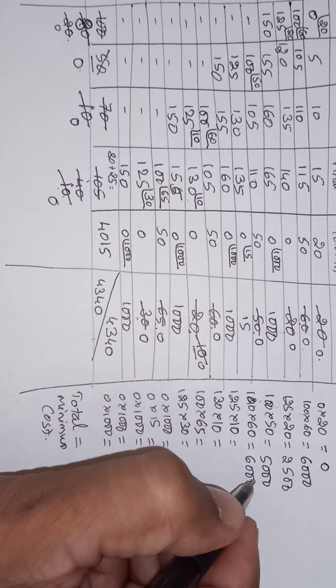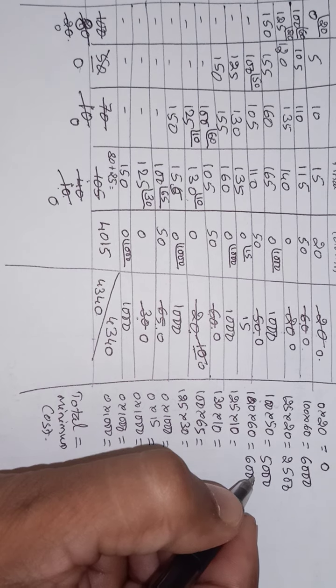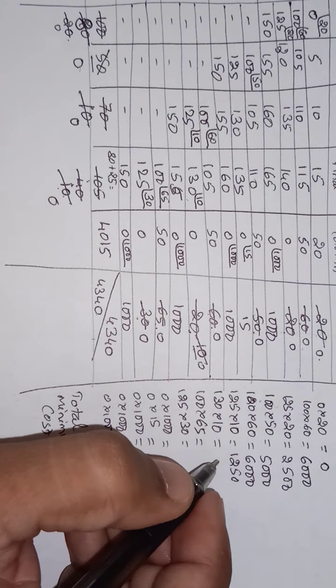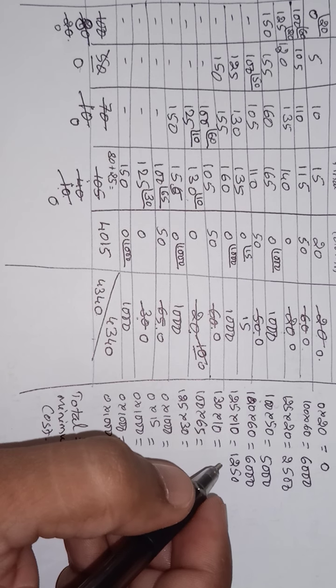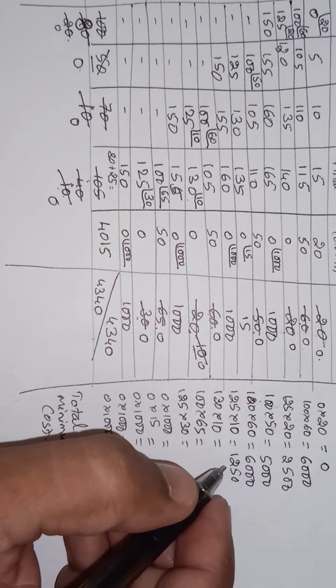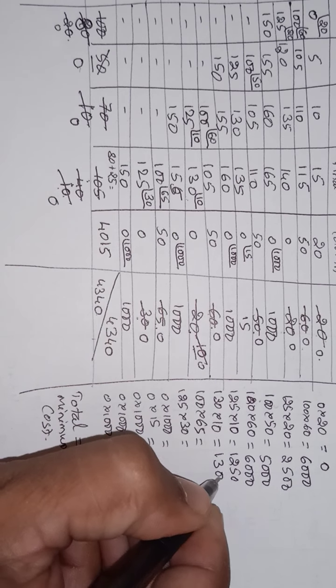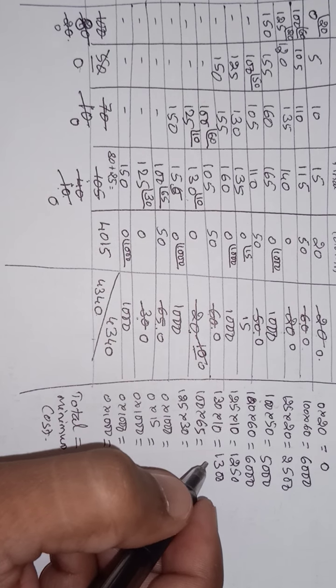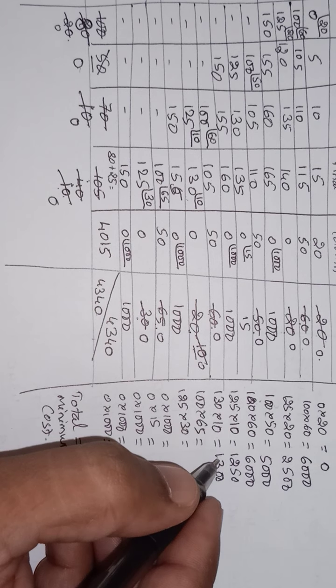So 125 into 10, it will become 1250, right? 130 into 10, it will become 1300, right? 65 into 10, you will have 650, right?